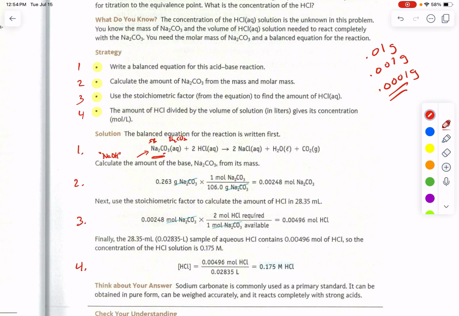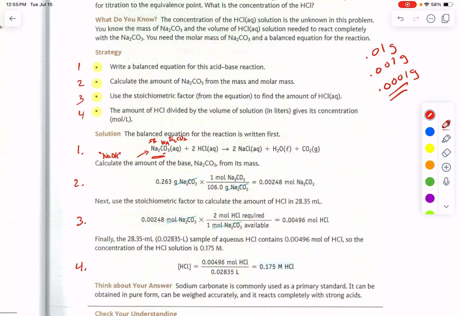Since we have a strong base and a weak acid, sodium carbonate is not neutral in solution, but would have a basic solution. You might not remember the conjugate acid of a strong base versus the conjugate base of a weak acid, but we'll be reviewing that in a later chapter.